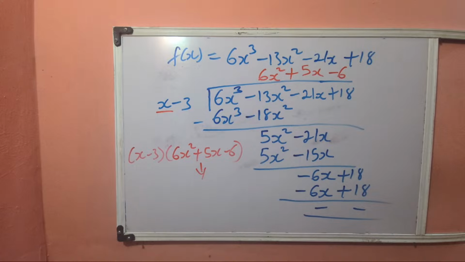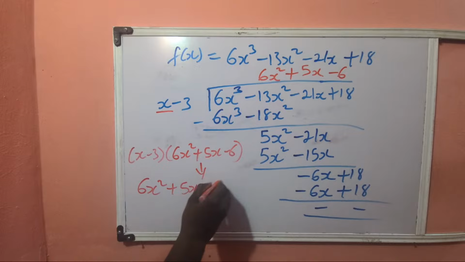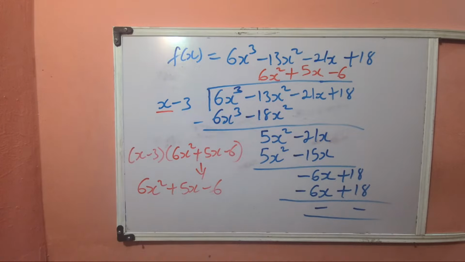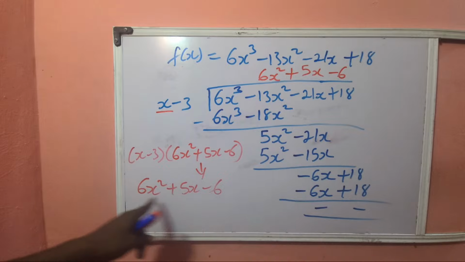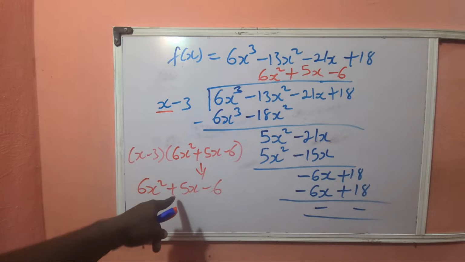into linear factors. What do we use to do that? Well, we make use of our factorization. What's our factorization here? If we have 6x squared plus 5x minus 6, we are looking for a product of minus 36, that's 6 times minus 6, and a sum of plus 5.